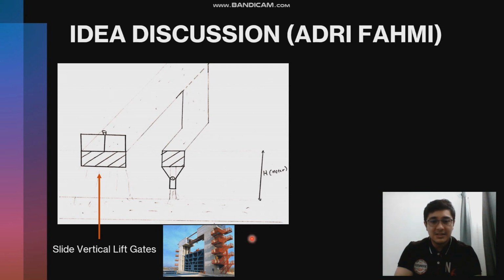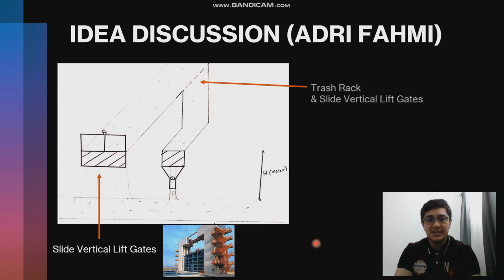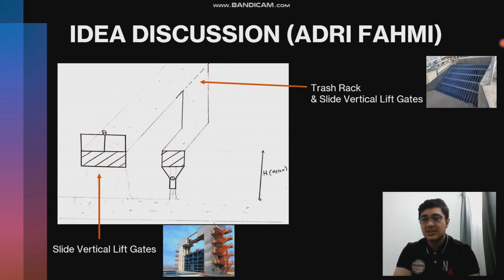This is an example of a slide vertical lift gate. Basically, this is used in bigger dams, but in this case we're using a smaller one since it is a mini water turbine. For the next part, as I mentioned, the gates over here and also the trash rack. This is an example of the trash rack. I use the trash rack as a filtering agent.